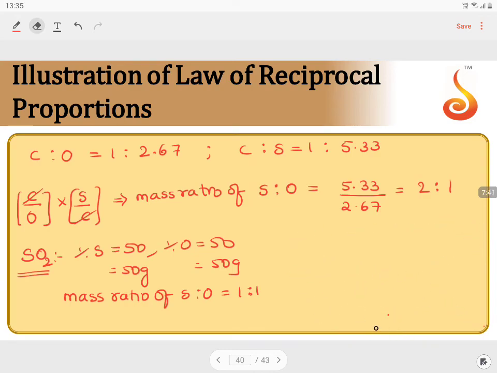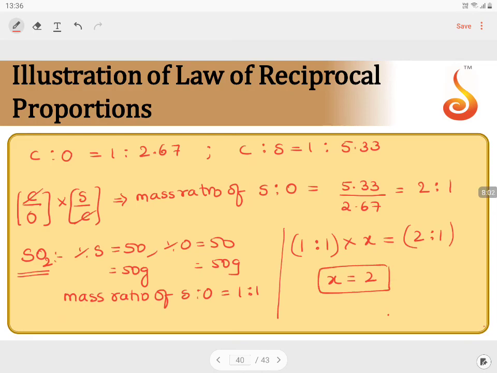We can also say it the other way. I can write like this: 1:1 multiplied by x is 2:1. If I say it this way, x is equal to 2. So they are connected to each other.